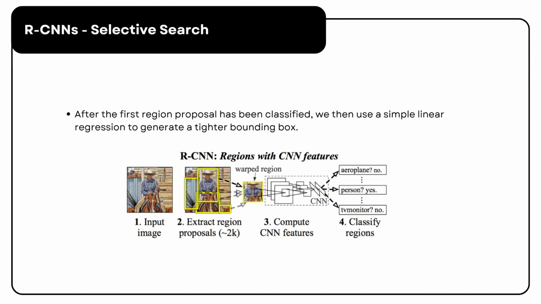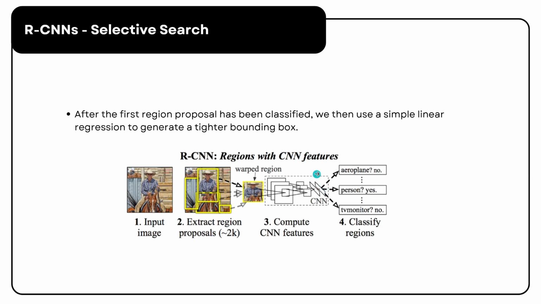Okay, now that we've covered how RCNN classifies region proposals, there's one final piece of the puzzle: defining the bounding box. After selective search generates a region, and the CNN classifies it using features, we don't stop there.